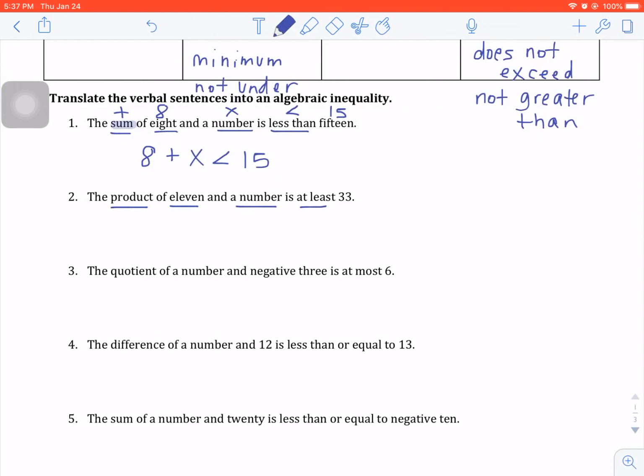So I'm going to give you a second to think about what operation goes with the word product. And that is going to go with multiplication.